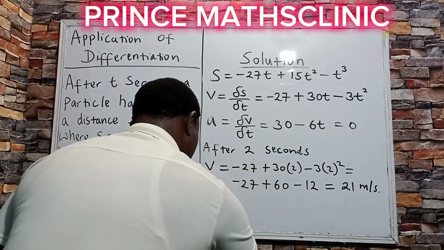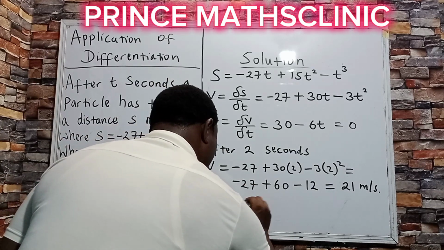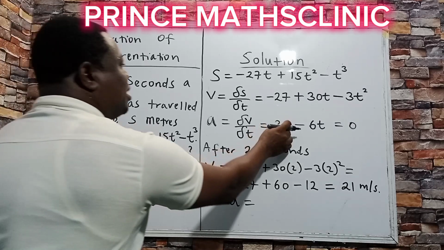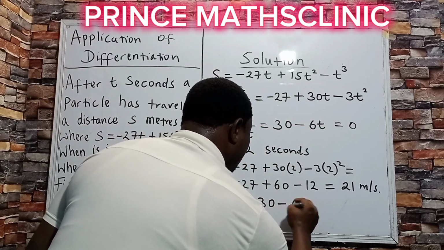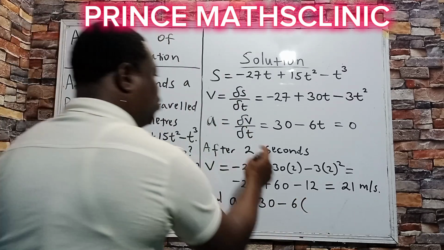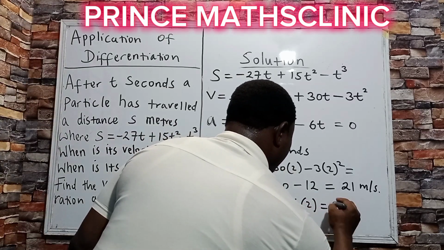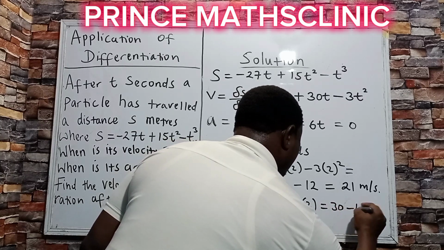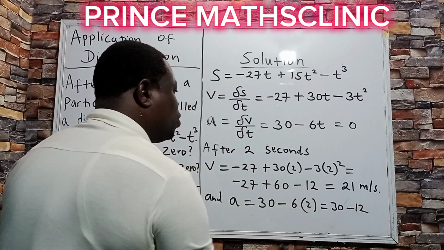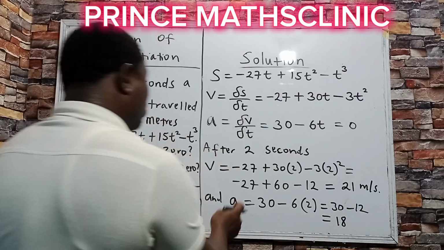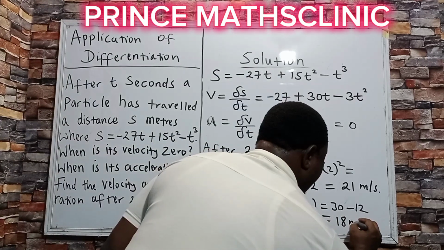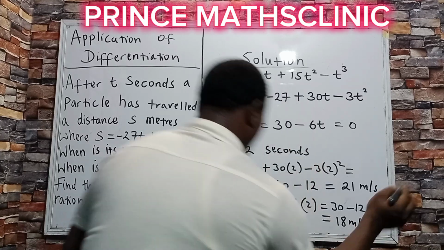And a, which is acceleration, is simply 30 minus 6t. So it is 30 minus 6, and our time is still 2 seconds. This becomes 30 minus 12 because 6 times 2 is 12. And 30 minus 12 is 18. And the unit for acceleration is meters per second squared.